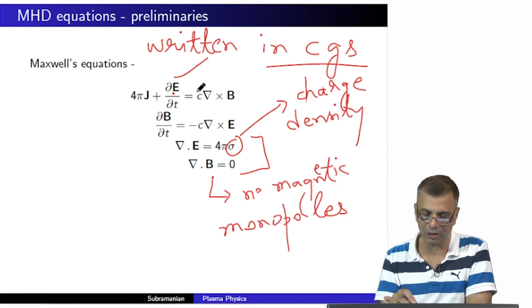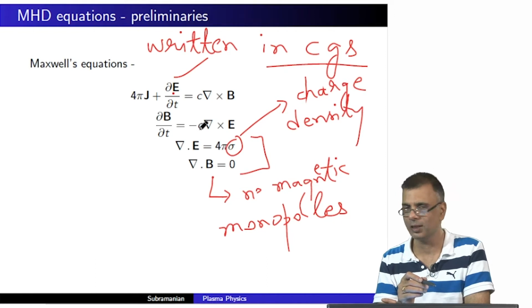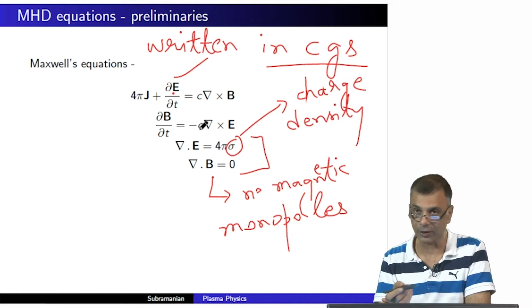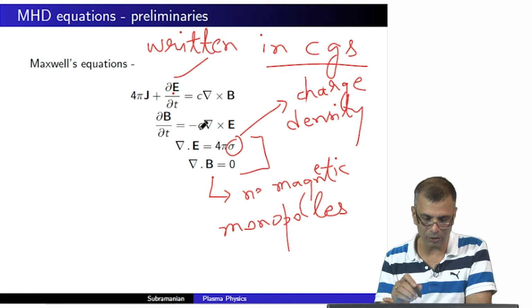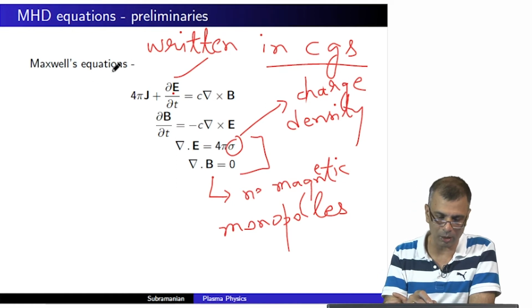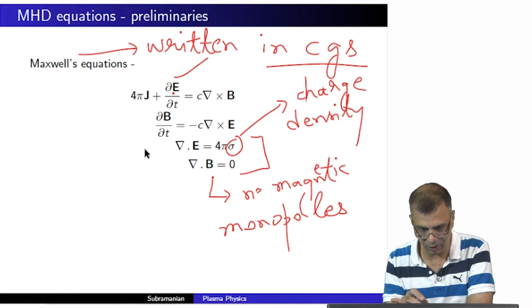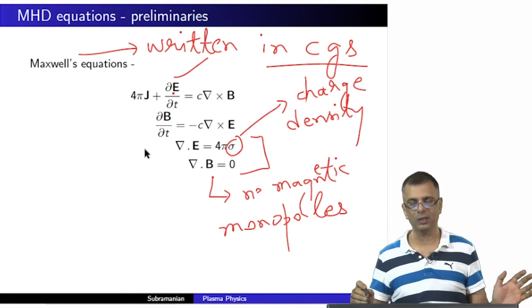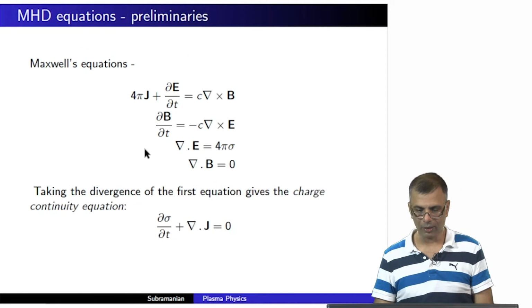It is just that these constants will appear slightly different. If you are more comfortable with SI units, that is fine, no problem. The basic physics is still the same, but I wanted to emphasize that these 4 equations, the Maxwell's equations, are written in CGS units. Okay, right.